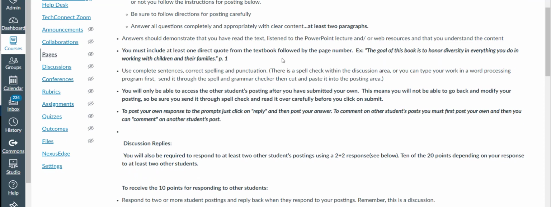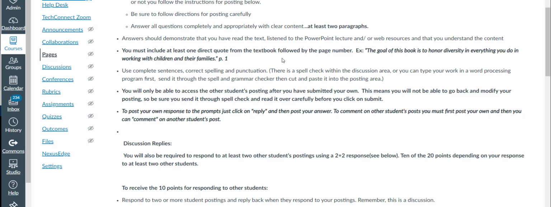You must have a direct quote from the text with the page number. Whatever topic you're talking about, be it vaccinations, screen time, food in art, or the importance of science and math in preschool, it doesn't matter what the topic is.